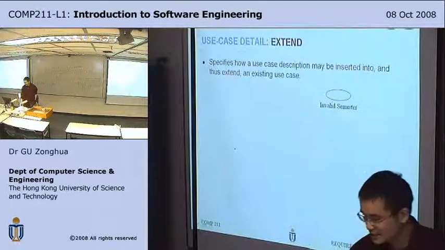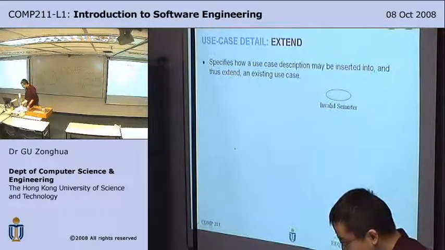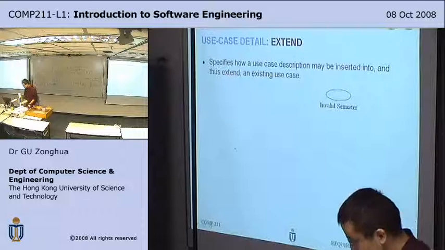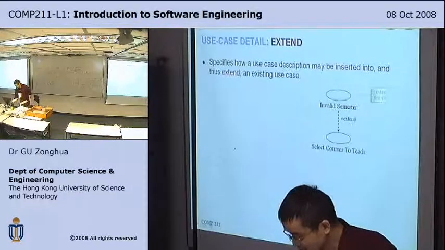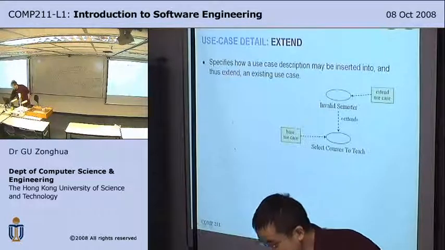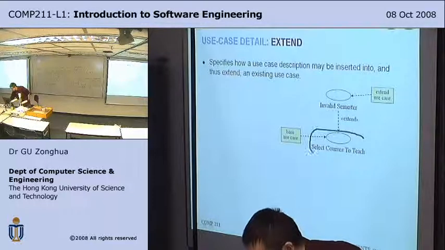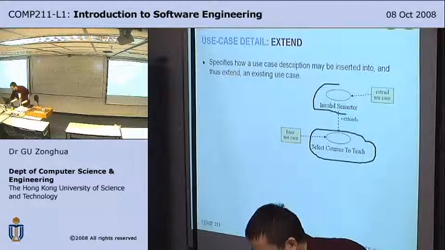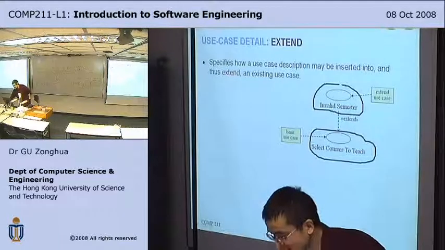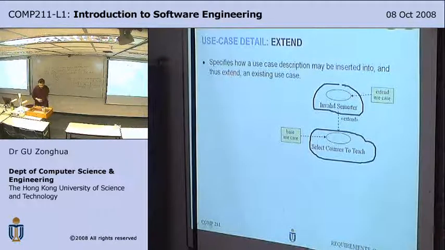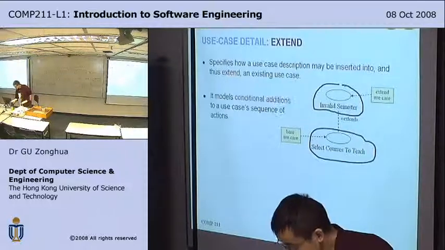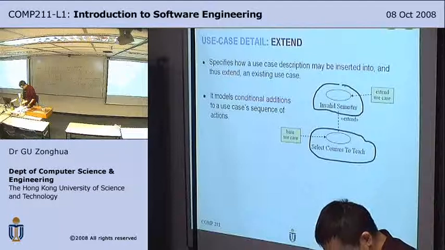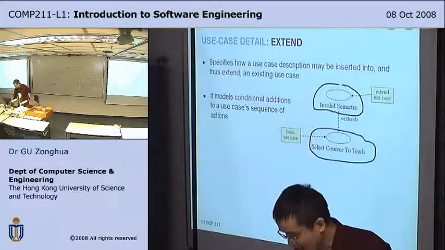So sometimes a use case description can be inserted into and extend the existing use case. So you may have a base use case, select courses to teach, and you may have an invalid semester use case that is plugged into, that extends the select courses to teach use case. It models conditional additions to use cases, sequence of actions.